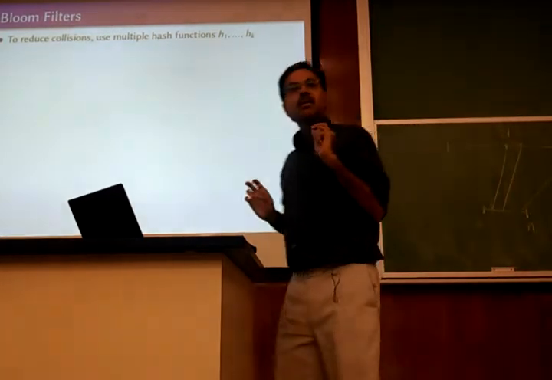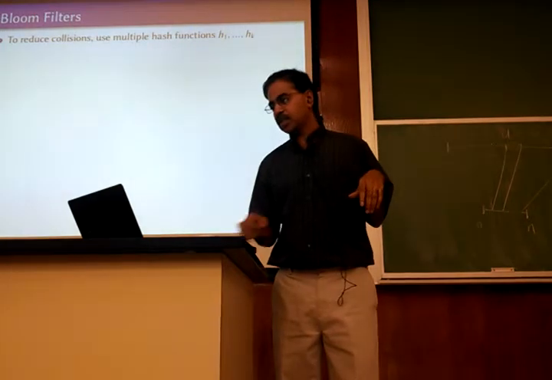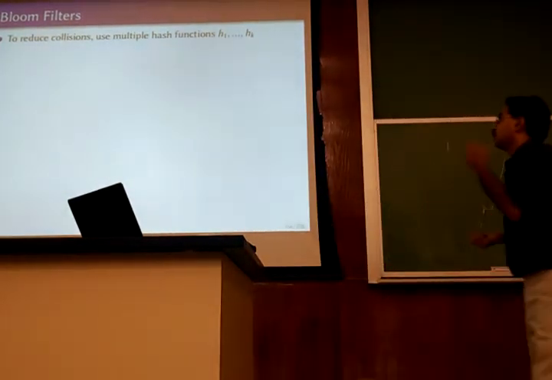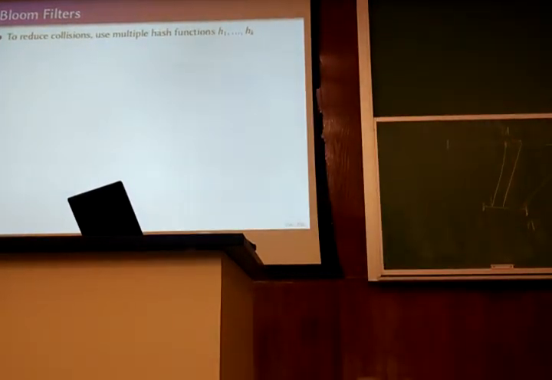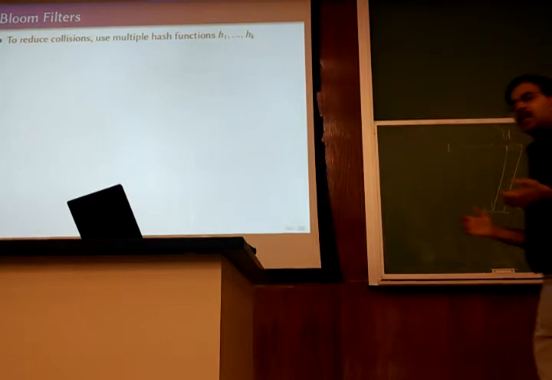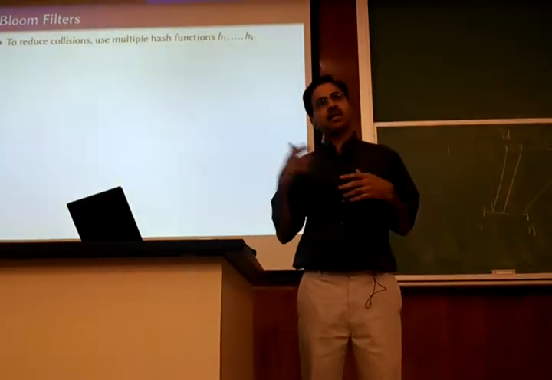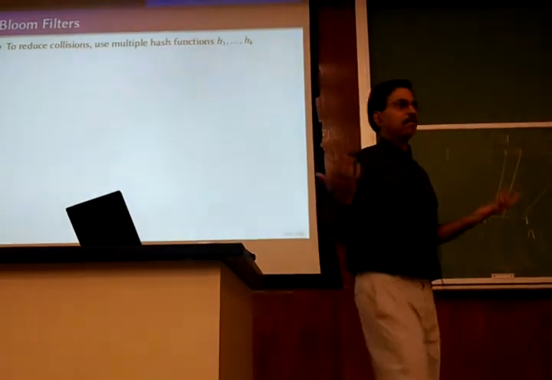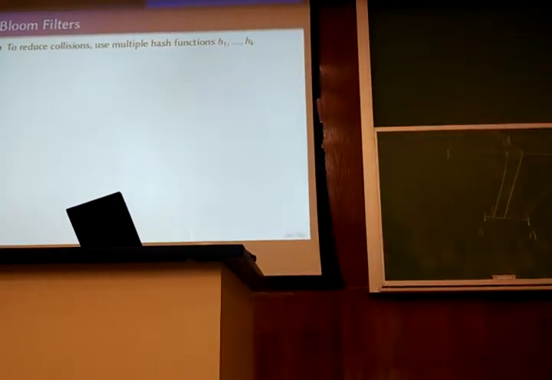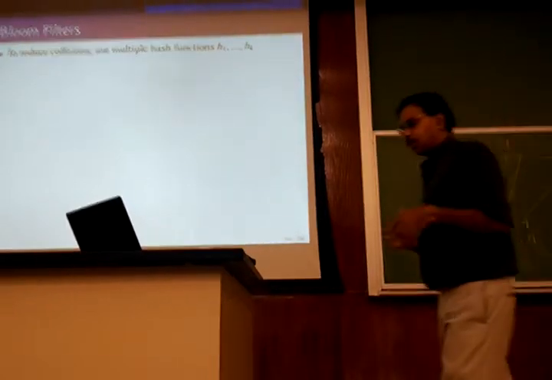Except that if you just set just one bit, then it's quite easy to run into collisions. So the basic idea, the difference in Bloom filters is that you're going to use multiple hash functions. And the idea is that, well, if you have multiple hash functions, then two keys that collide on one hash function will not necessarily collide on the other. And so if you have k hash functions, then you hopefully achieve some sort of an exponential reduction in collision probability.